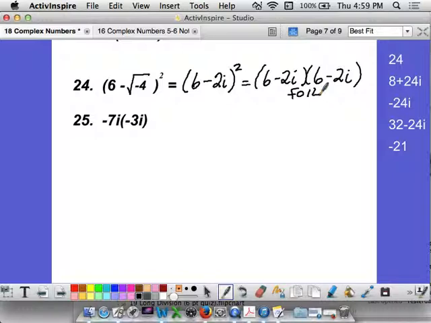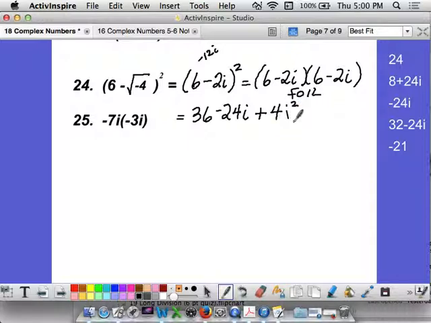First, outside, inside, last. What I really like to do on this is square, double, square. So if I want to square, double, square, I'm going to square the first, 36. Then I'm going to find the product, negative 12i, and I'm going to double it, negative 24i. Remember that product means to multiply. So when I multiply, I get negative 12i, doubled is negative 24i, and always add the square of the last. When I square this, you can't forget to square the 2. Negative 2 squared is 4i squared.